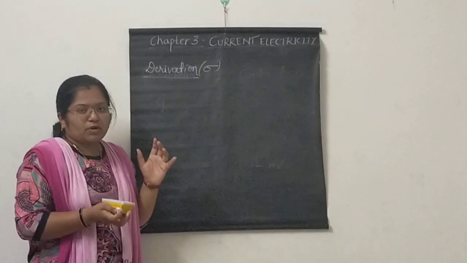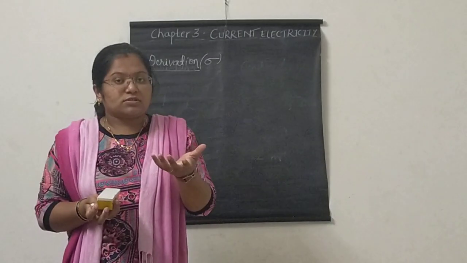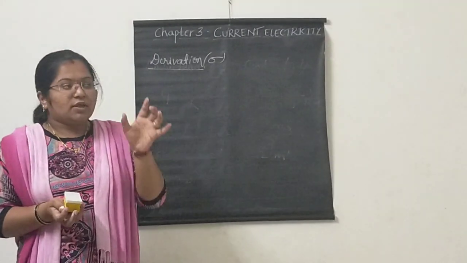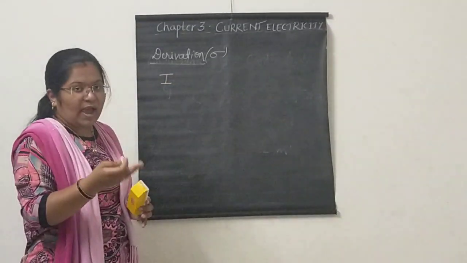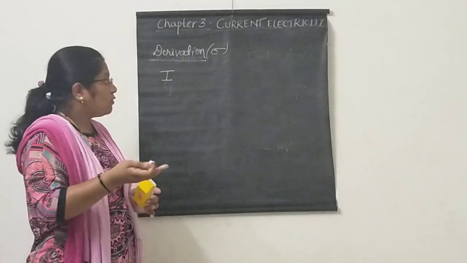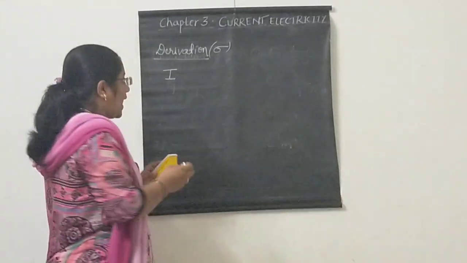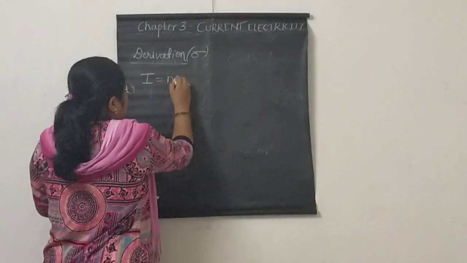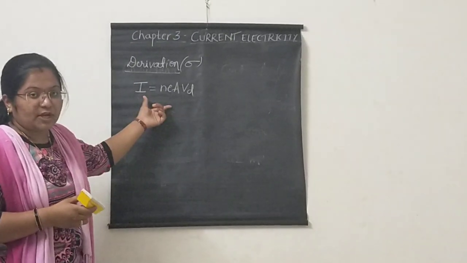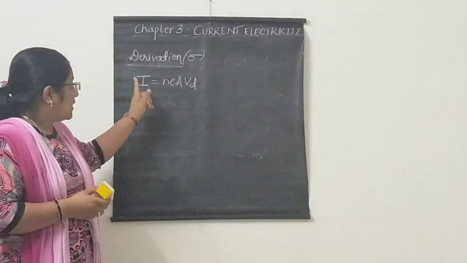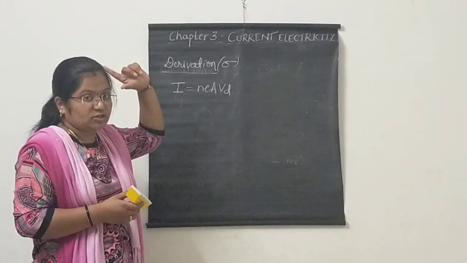For that, we have already studied current and drift velocity. For I, you have so many equations: I is equal to Q by T, I is equal to NEA VD, and I is equal to V by R. Among them, I use the expression I is equal to NEA VD, the relation between current and drift velocity, for which we did a derivation earlier.